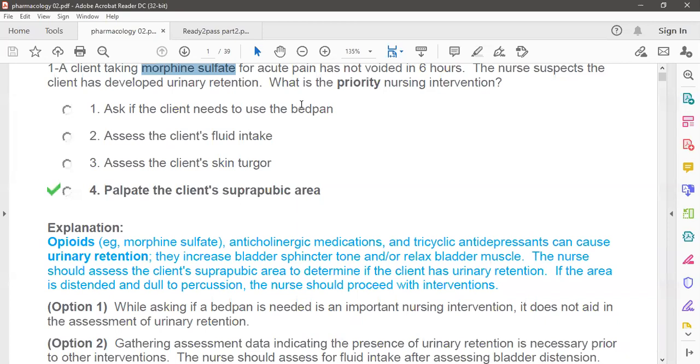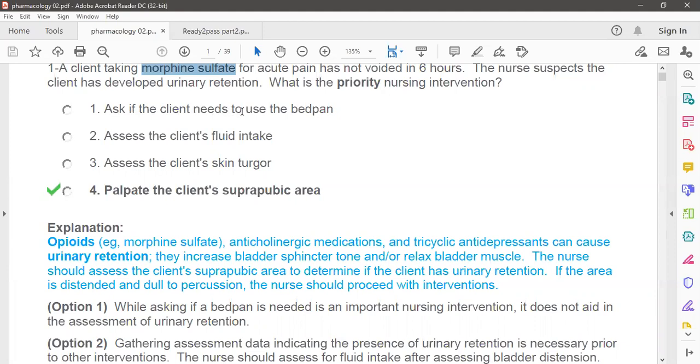What is the first priority? We could give them a catheter, or we could inform the healthcare provider, but according to the nursing process, first of all, come for assessment, my friend. Don't go for the intervention. Don't go for the action. First of all, assessment. Here are the four options.